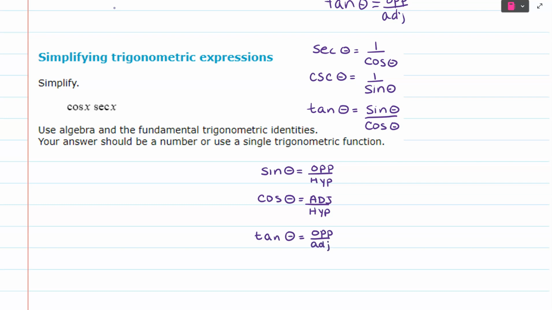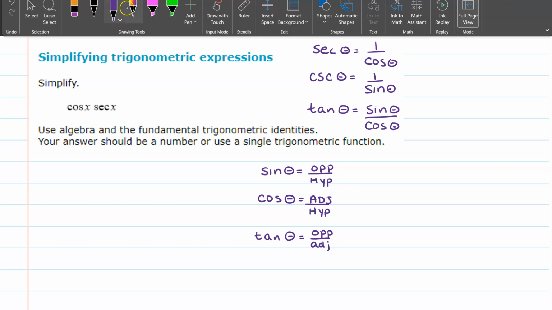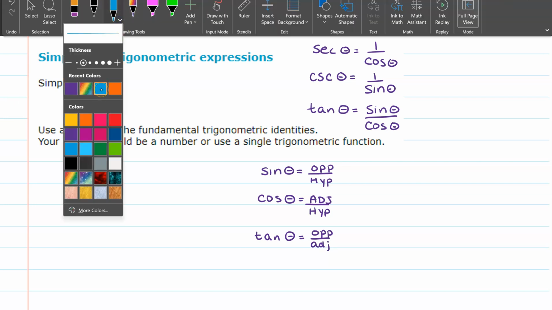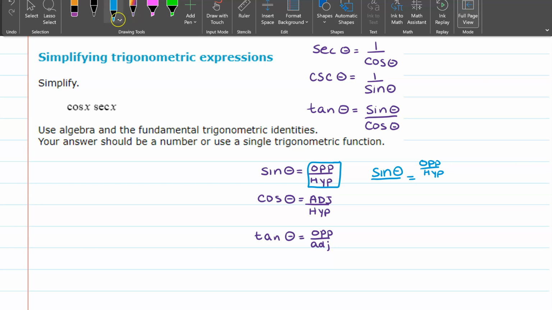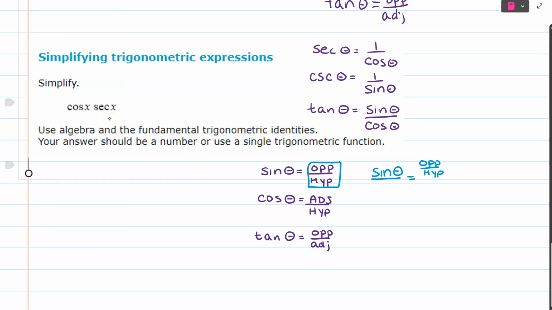Well, it turns out that if you do sine of an angle, that's opposite over hypotenuse, and then you divide that by cosine of the angle, which was adjacent over hypotenuse.